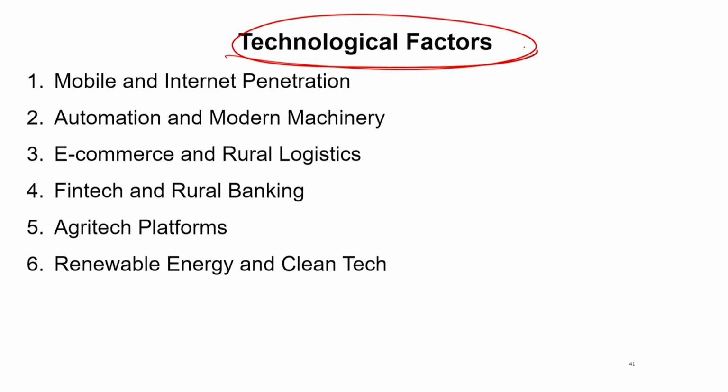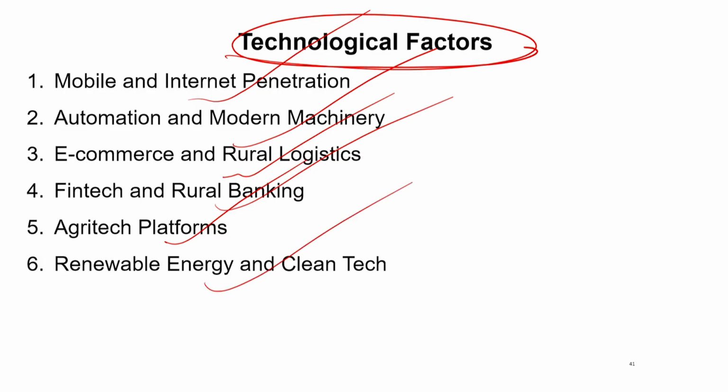So what are those factors? Mobile and internet penetration, automation and modern machinery, e-commerce and rural logistics, fintech and rural banking, agri-tech platforms, renewable energy and clean tech. Because of technology, farmers no longer depend on the traditional way of irrigating their land.